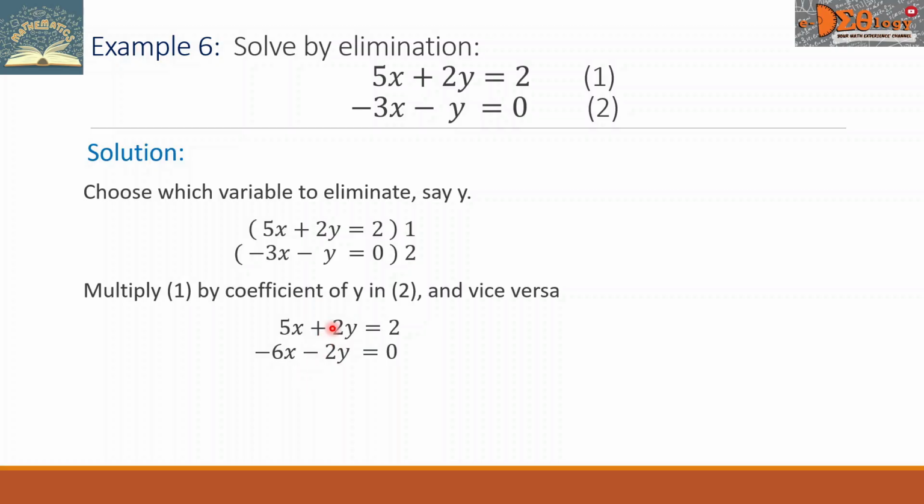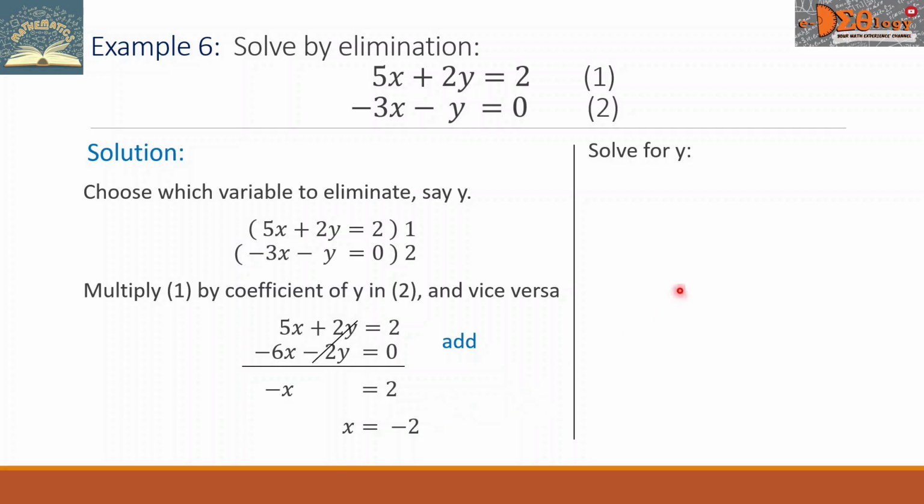Because of the opposite signs for 2y, we're going to add these equations. When we do that, this 2y and negative 2y will be eliminated. Then 5x plus negative 6x, we have negative x equals 2 plus 0, which is 2. We multiply this by negative 1, or we write x equals negative 2. This is the value of x.